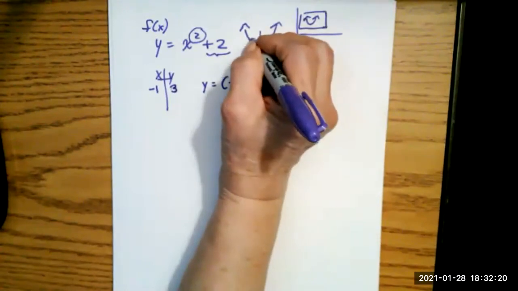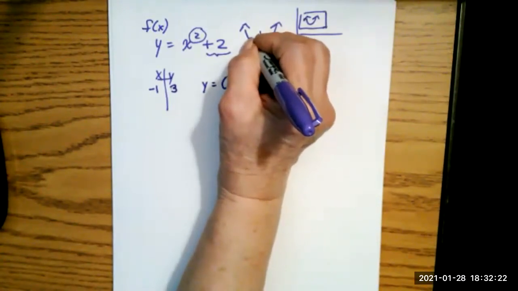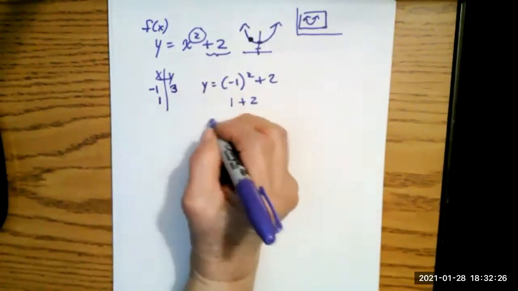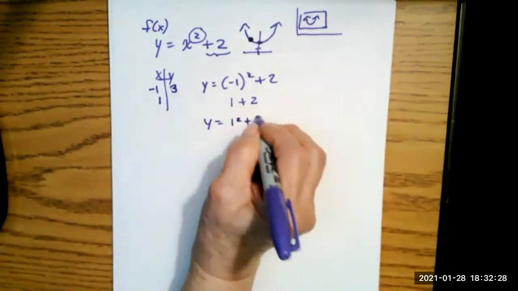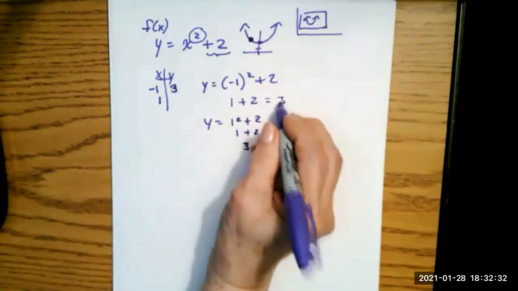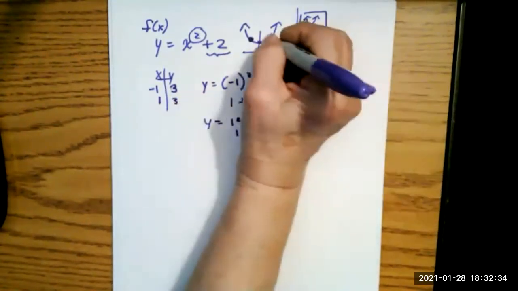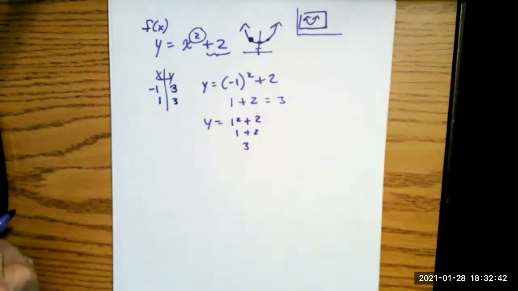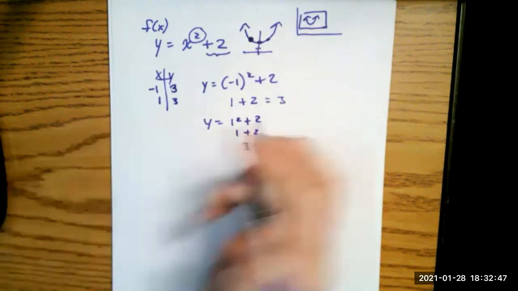So -1 would be up at 3. +1 will do the same thing. y equals 1 squared plus 2, and that's 1 plus 2, which is again 3. So over here on the positive side, reflecting across the y-axis, you have another point that's at 3. And once you get those points in there, then the parabola will take its shape.